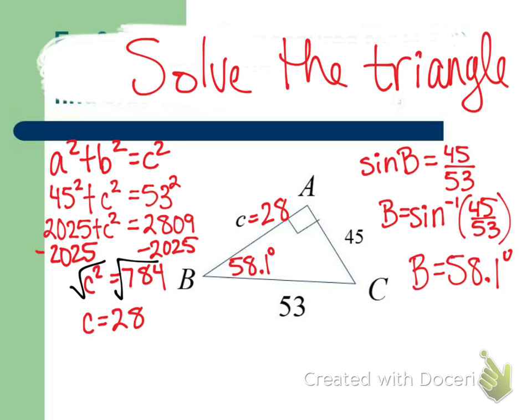You get to choose if you want to use all three angles or just subtract from 90. 90 minus 58.1 would give us 31.9 degrees, and that is for angle C. Once every single side and every single angle is labeled, that's when we know that we're done.